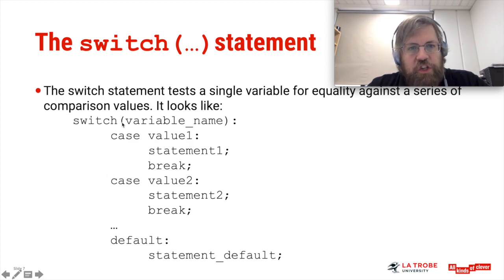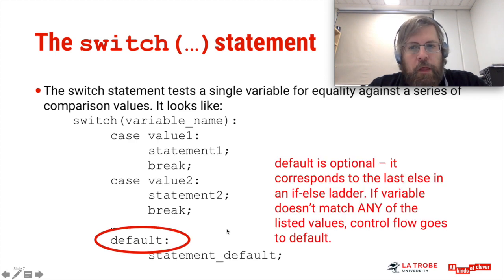So switch variable name, you give it the name of a variable, and then case value 1, statement 1, break. Case value 2, statement 2, break. All the way down to default, statement default. Default is optional. It corresponds to the last else in an if-else ladder.